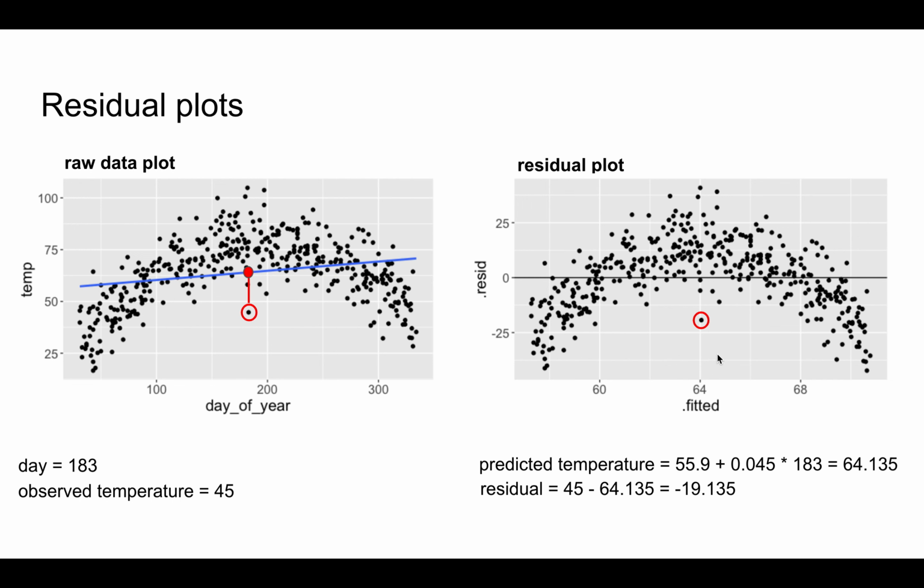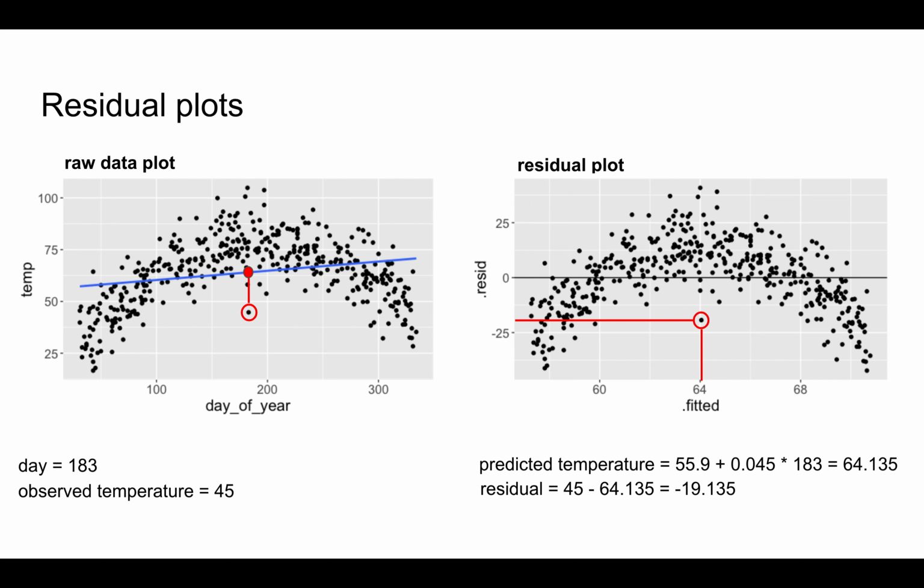The dot highlighted here corresponds to the same raw data point highlighted at left. It's just drawn at a different set of coordinates. On that 183rd day of the year, recall that we predicted a temperature of 64 degrees. However, the observed temperature was 19 degrees below the prediction, or our residual for this case was roughly -19.